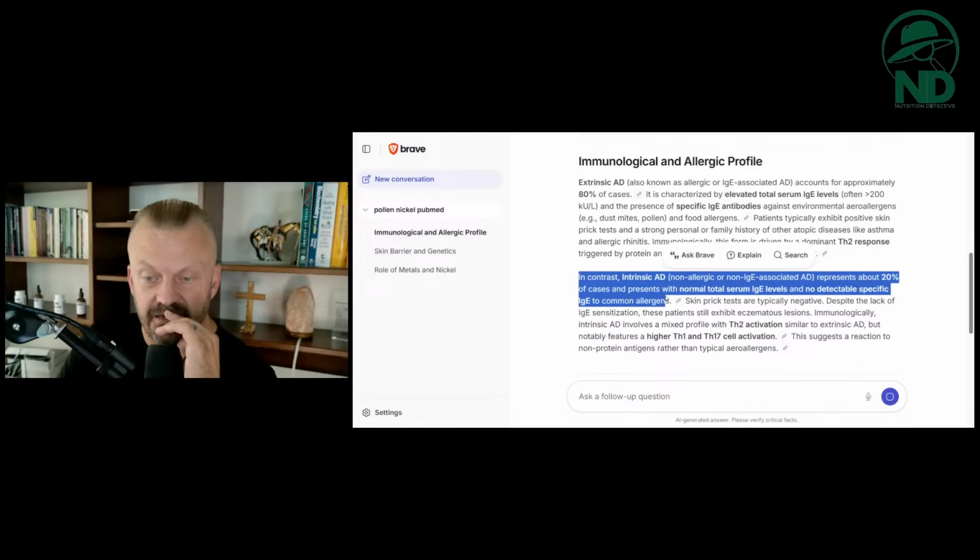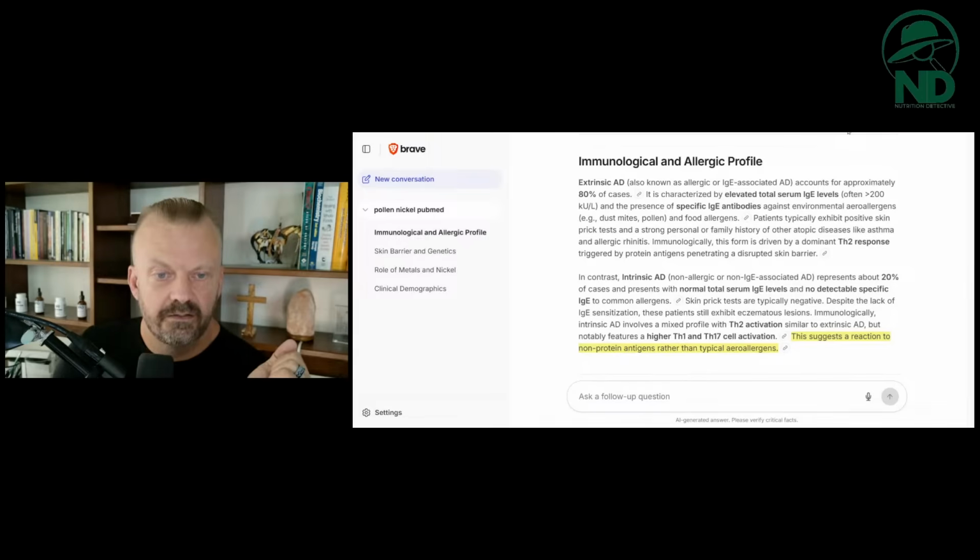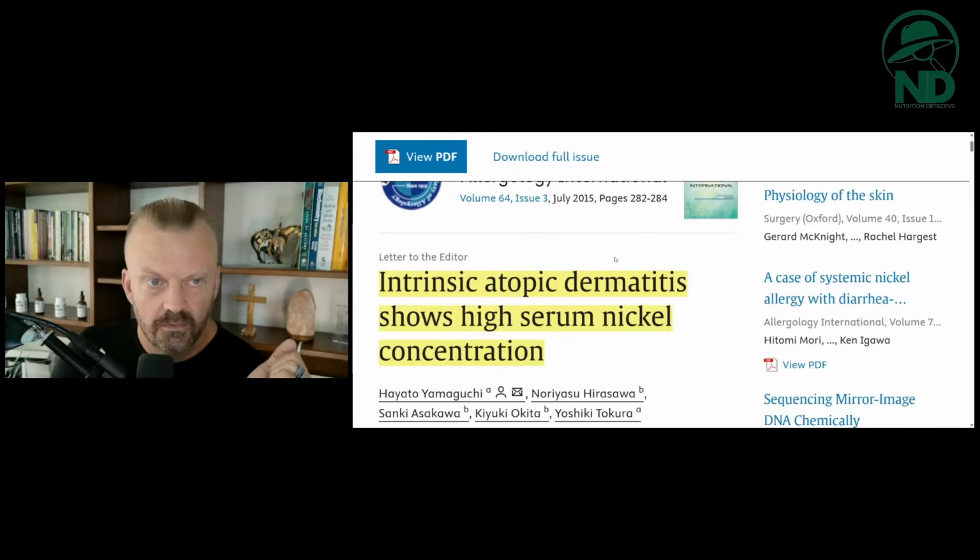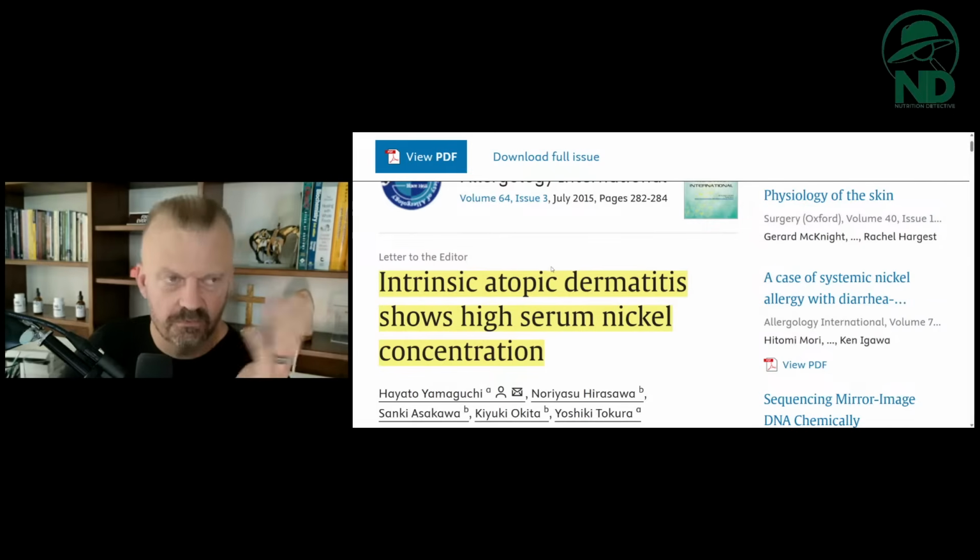Intrinsic just means that they can't figure out. Back here, and we go intrinsic, the one where they can't figure out a cause. Atopic dermatitis shows high serum nickel concentration. Well, there you go.